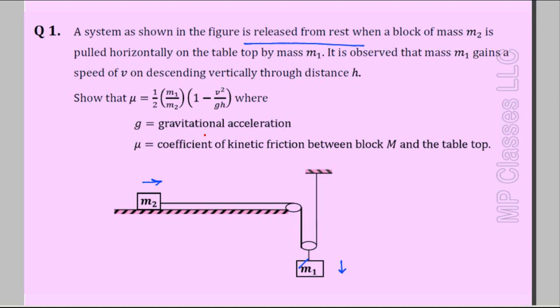And it is observed that mass M1 gains speed of v, which is given here, on descending vertically through height h.